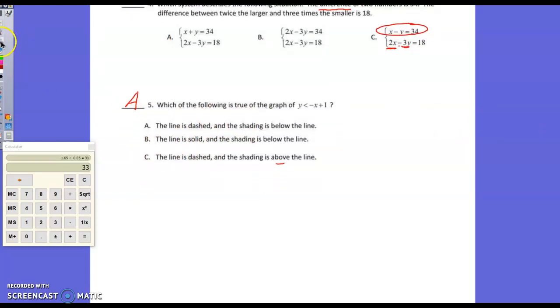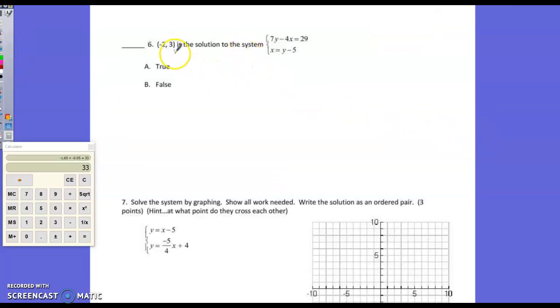Alright, next page. Is this a solution to the system? One way to do it is to plug this number in for y, that number in for x in both of these to see if they come out true, or we can use substitution to solve. I'm going to use substitution to solve.